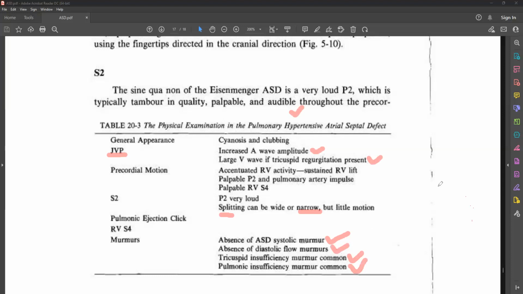Okay, so summarizing all these things, what I want you to understand is that when you discuss a patient with atrial septal defect, have in mind, does the patient have pulmonary hypertensive atrial septal defect, or is it a non-pulmonary hypertensive atrial septal defect? You need to look at both as separate entities. Both may have similar findings, but to identify the pulmonary hypertensive ASD, the critical point you need to remember is the waveform which you study in JVP.